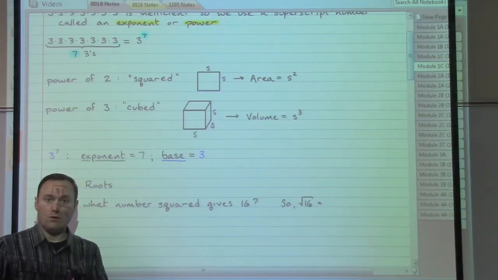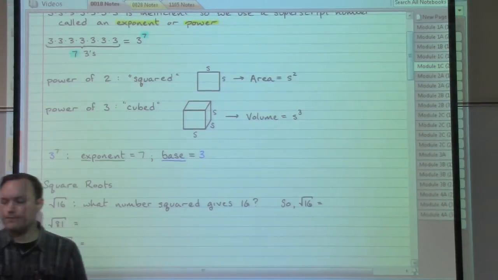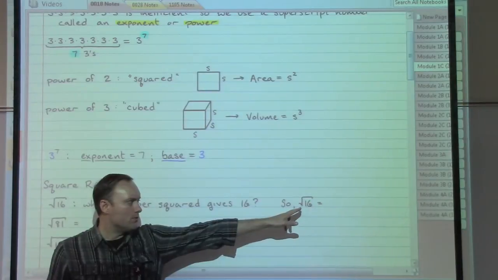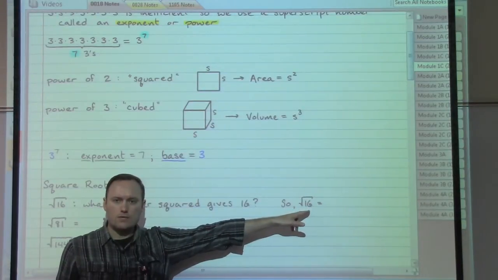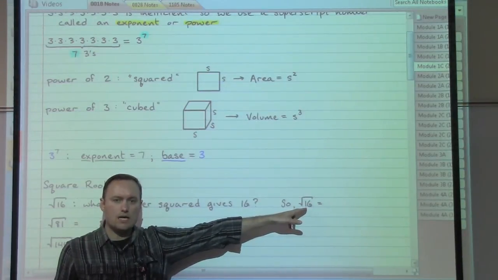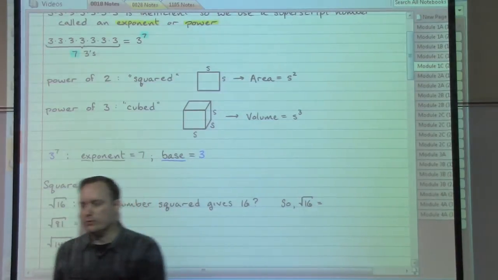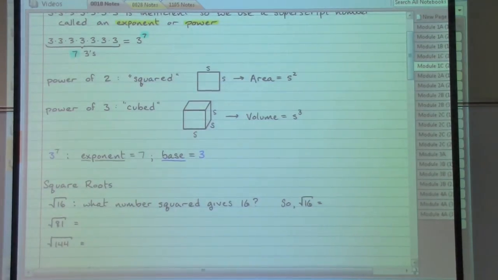So 4 answers this question. So when we give the square root symbol and the 16 underneath, we say the square root of 16 would be equal to 4.